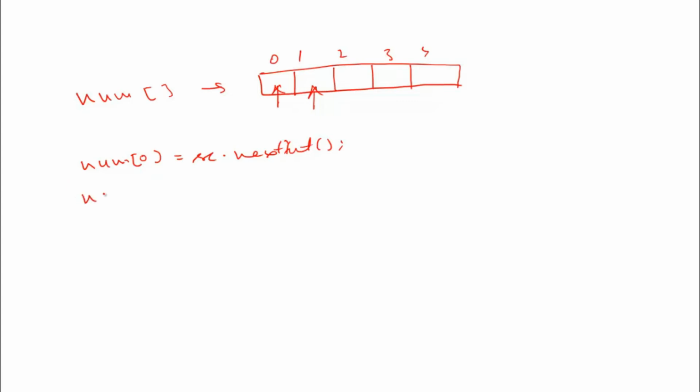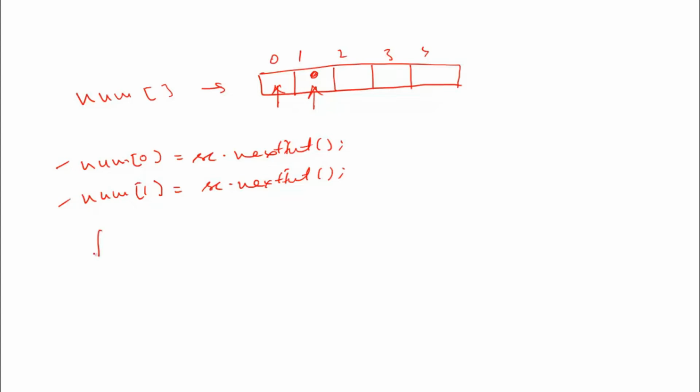If I want to enter a value at the next position, I have to write num of 1 equals sc.nextInt. But doing this one by one creates a problem: if you want to enter 100 values, it will take 100 lines, which is very difficult.